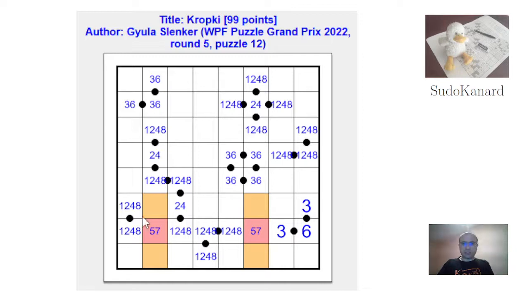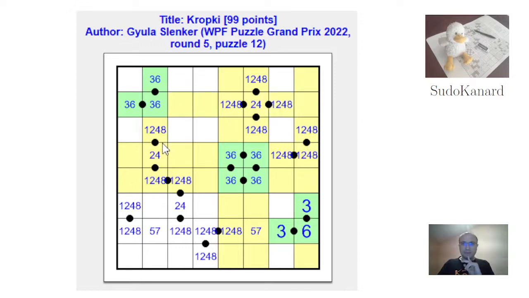So I think I use green for 3s and 6s. And I just give up on the coloring of 5s and 7s for the time being, and just use yellow for the cells that can't contain a 3 or a 6.